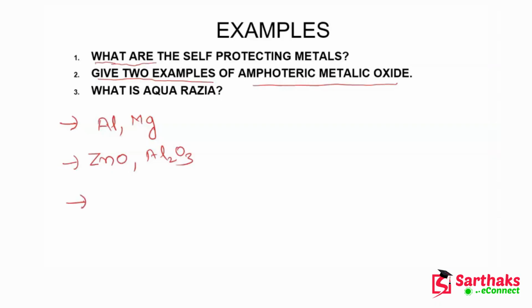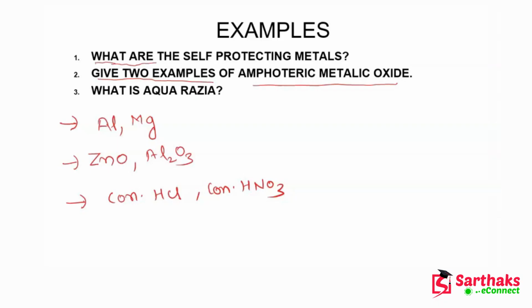Now guys, let's talk about the third question, and that is, what is aqua regia? So basically, aqua regia is a freshly prepared mixture of concentrated HCl, which is hydrochloric acid, and concentrated HNO3, which is nitric acid.